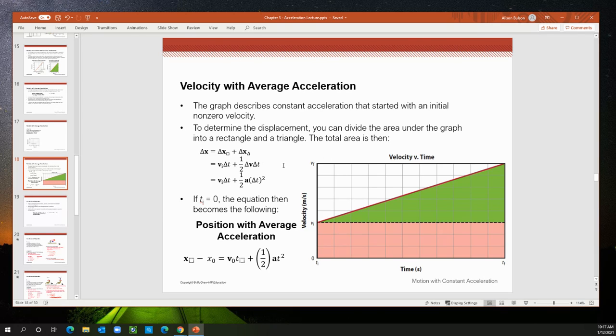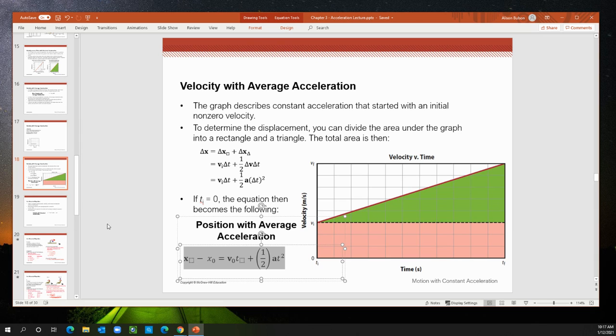Instead, we just want to recognize that this equation, displacement equals velocity times time, that's the pink area, plus half times acceleration times time squared, that's the green area. This equation for where an object is in the future came from the old idea of finding the area of velocity versus time, which gives us position versus time.